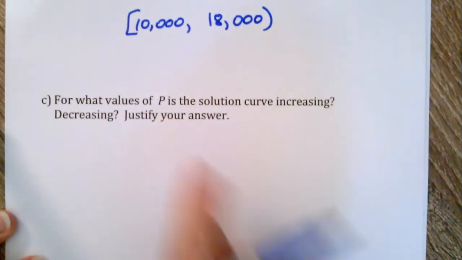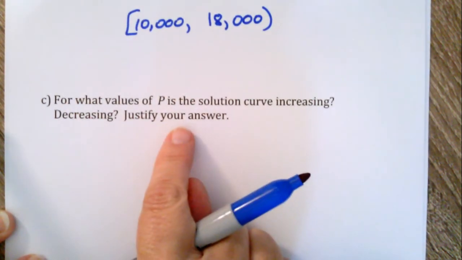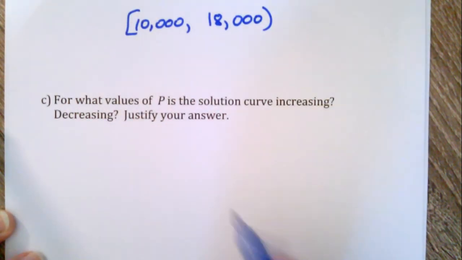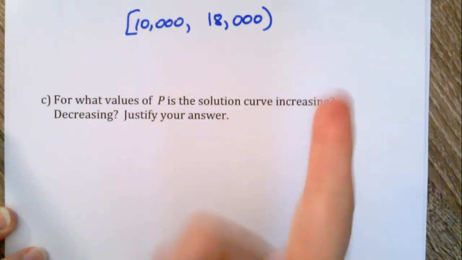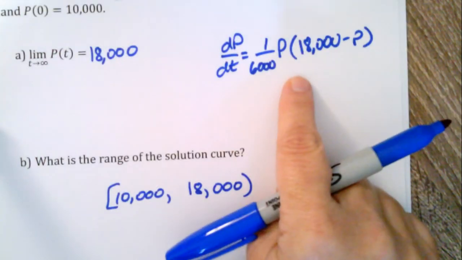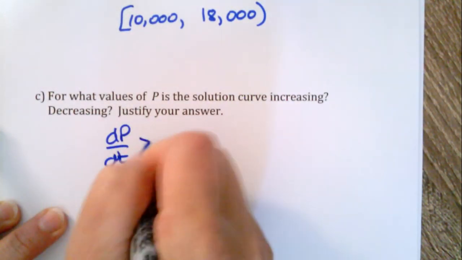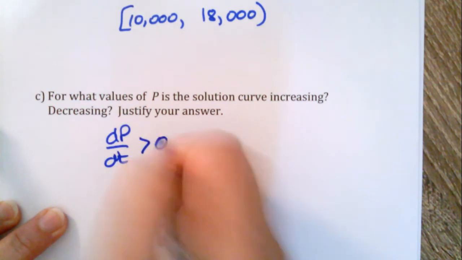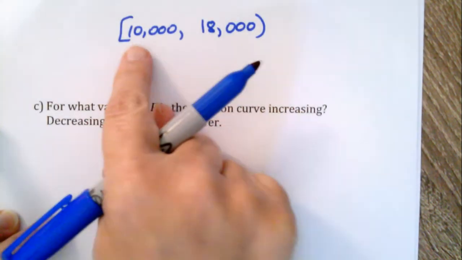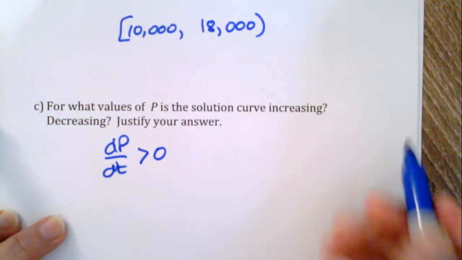For part C, for what values is the solution curve increasing, decreasing? Justify your answer. Our differential equation up here hasn't changed. It's still always positive. And so we're just going to say dP/dt is still greater than 0 always for this range from 10,000 to 18,000.